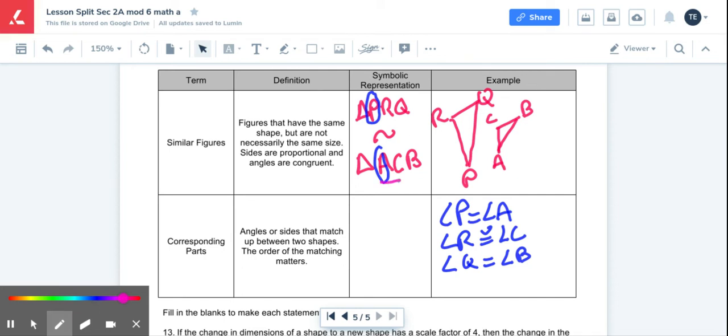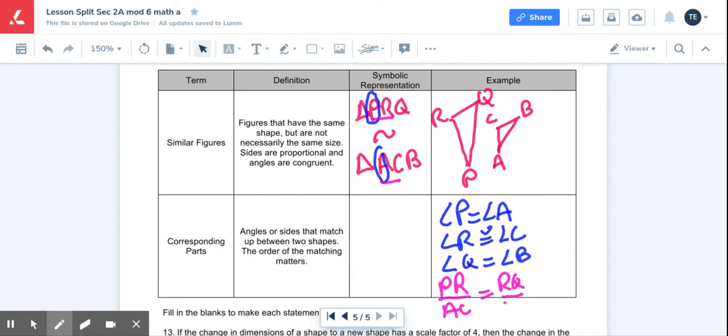PR is first, AC is first on the other one, so PR over AC is equal to RQ over CB, which is equal to PQ over AB. So very, very important that you write your similarity statement in the same order. Otherwise, you're going to have a problem.